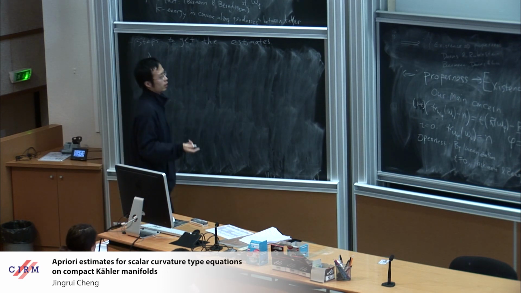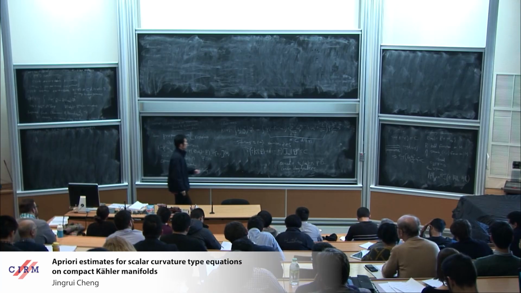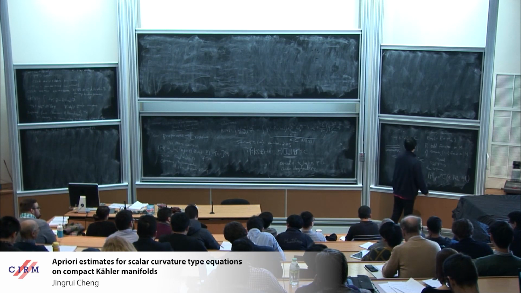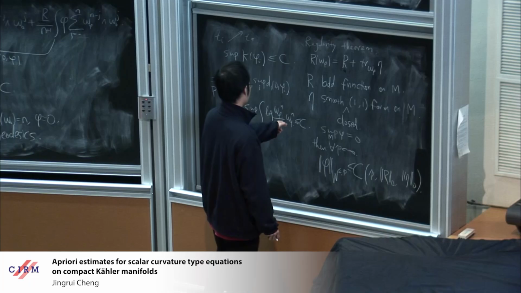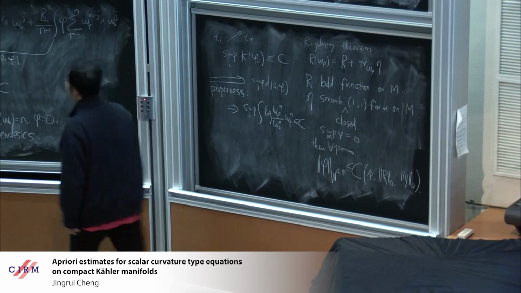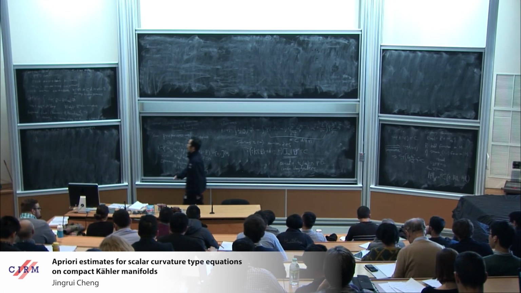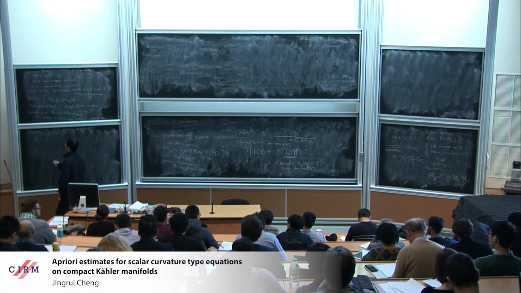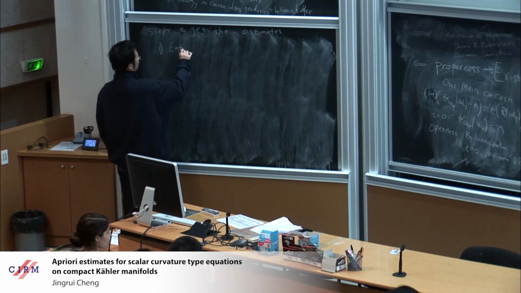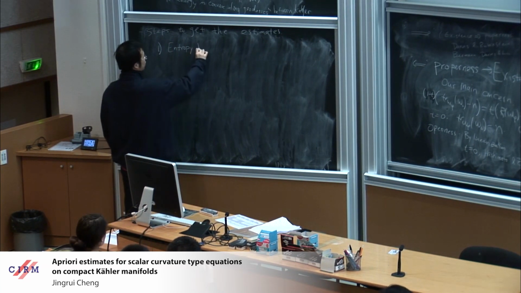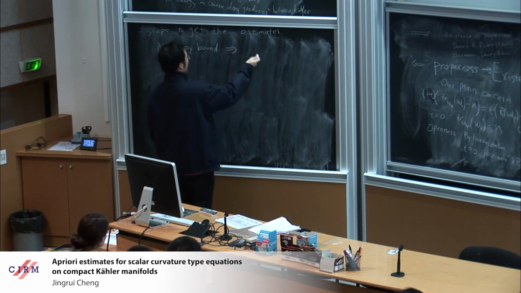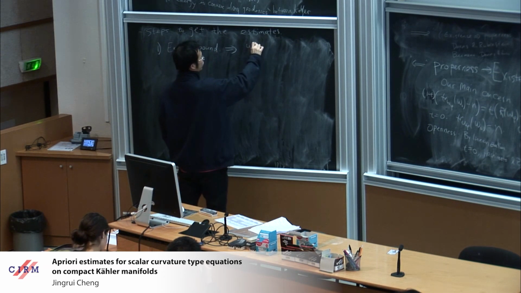The entropy bound means the bound for the integral of log of omega phi to the n over omega 0 to the n, times omega phi to the n. So the first step is to get the entropy bound, which implies the upper bound for the volume ratio.